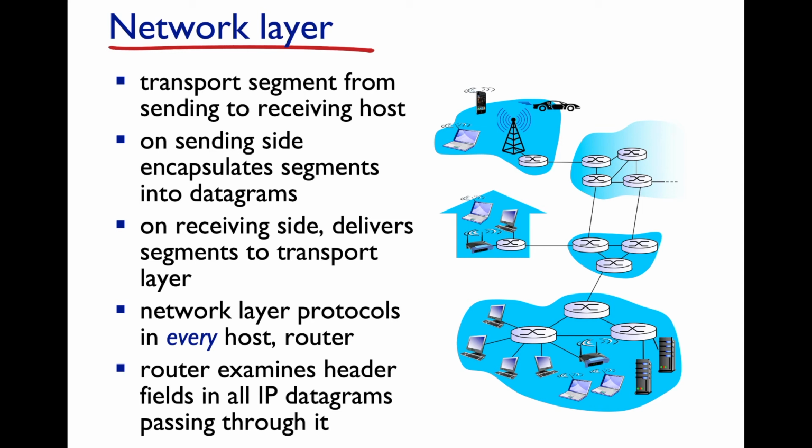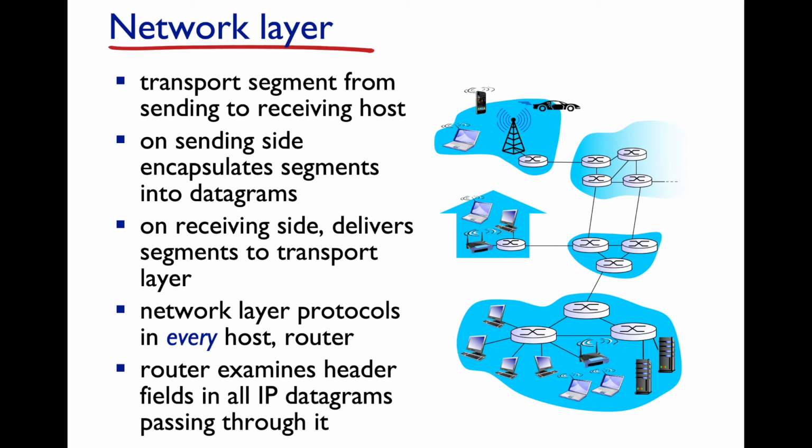And so this network layer datagram then adds its own header information that allows it to identify the network card of the destination endpoint. On the receiving side, once this datagram comes in, it unwraps the segment from out of this datagram and then sends it to the transport layer above.